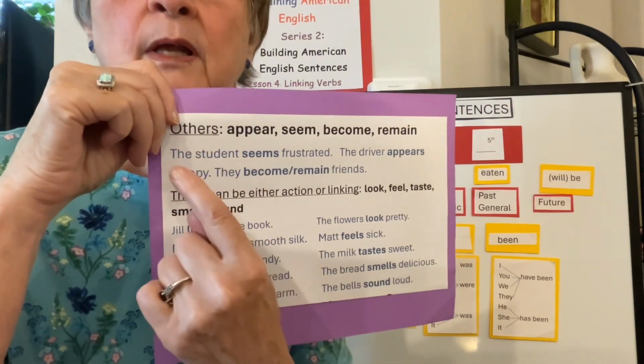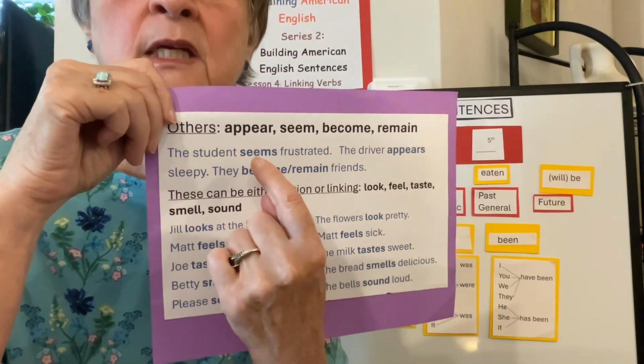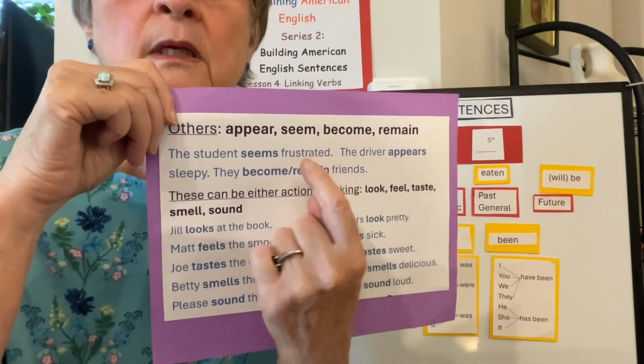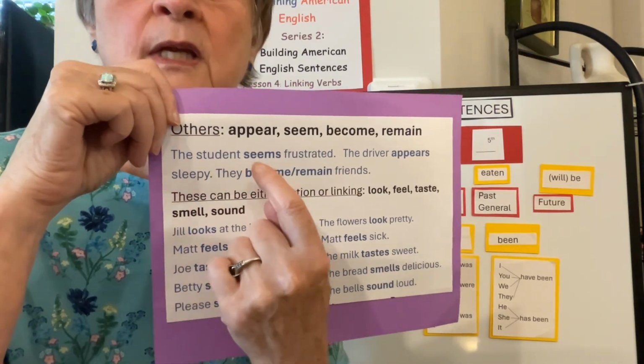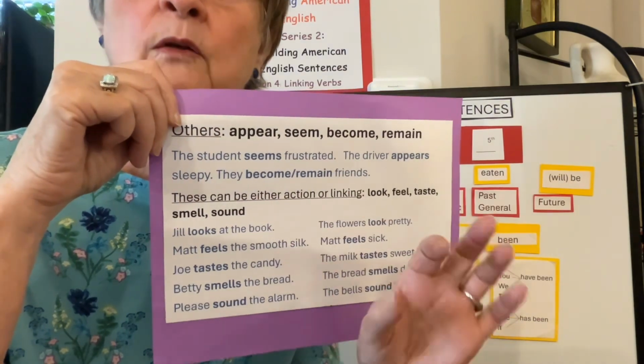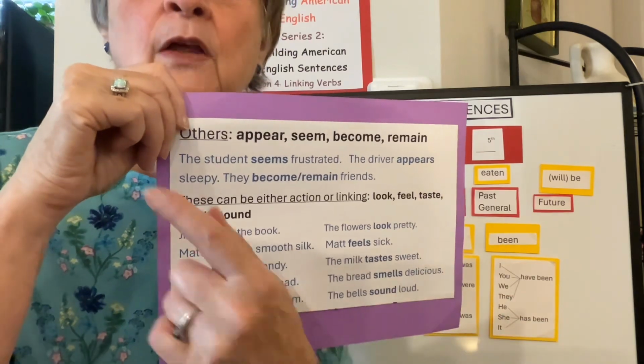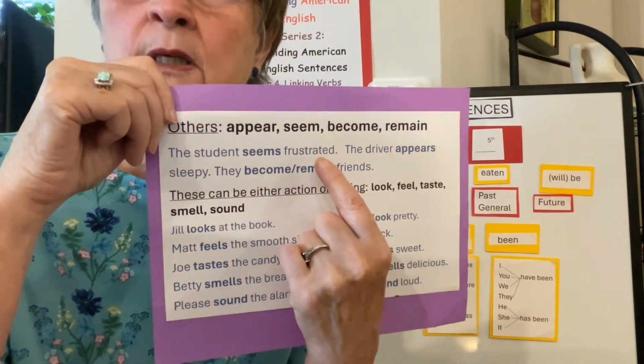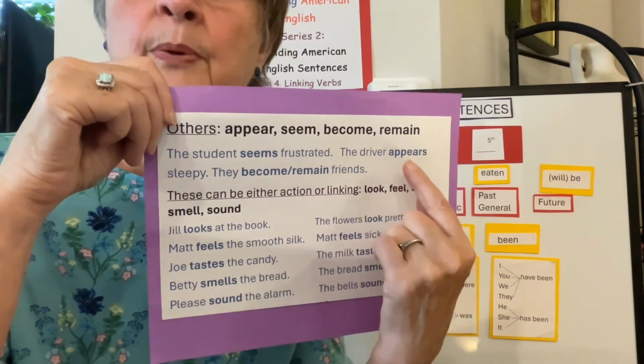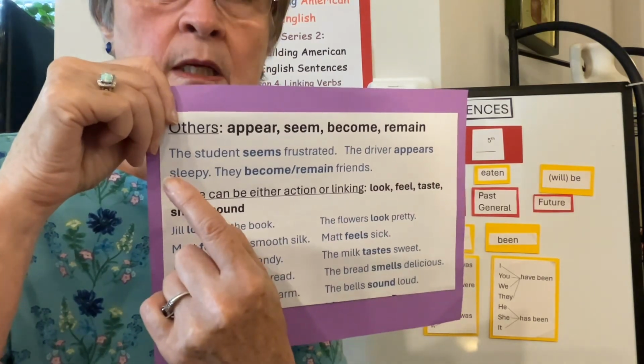For example, the student seems frustrated. I could say the student is frustrated, but I'm not quite sure. So I'm going to say maybe. The student seems frustrated. The driver appears sleepy.